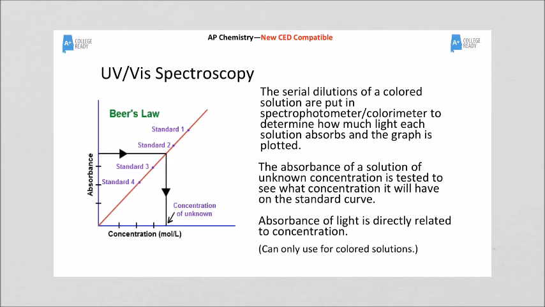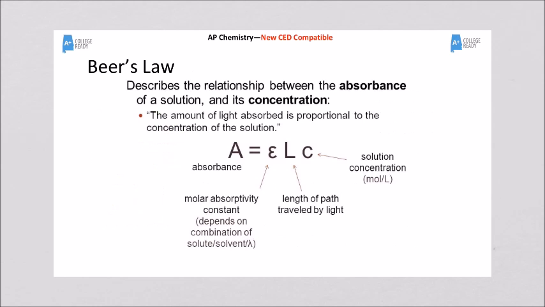So then we could take an unknown concentration and put it in the colorimeter, find the absorbance of that, see where it fell on the line, and know what the concentration was. So again, absorbance of light is directly related to concentration. And this is called Beer's law. Absorbance and concentration are directly related.